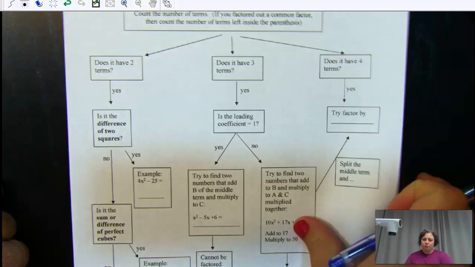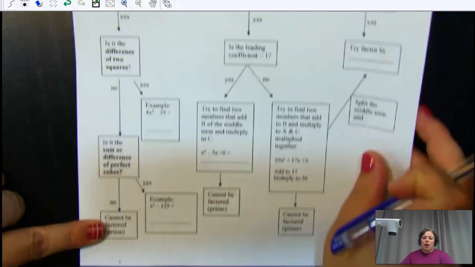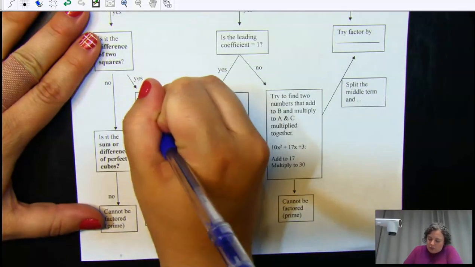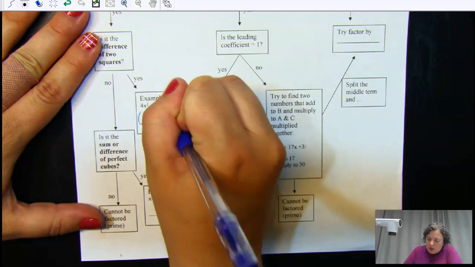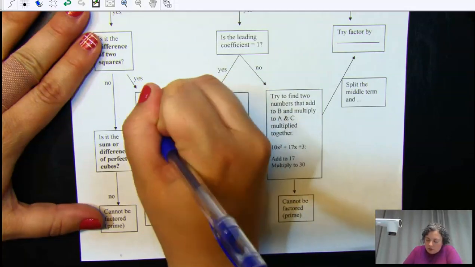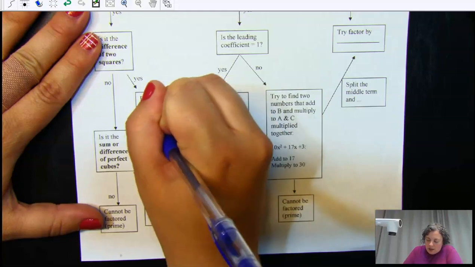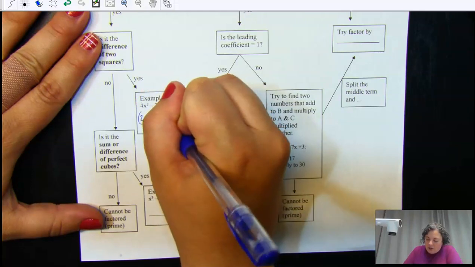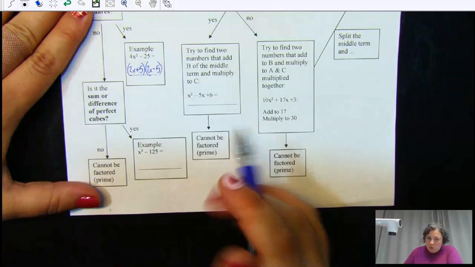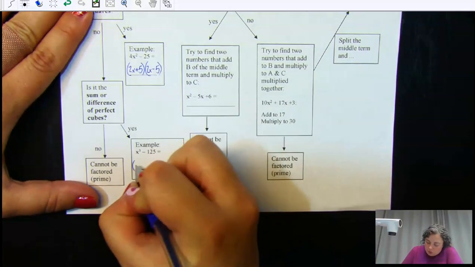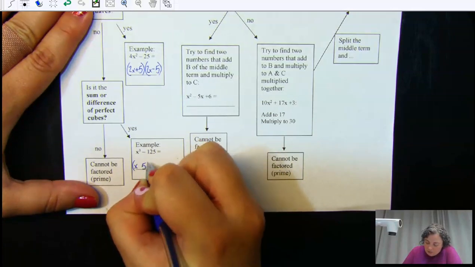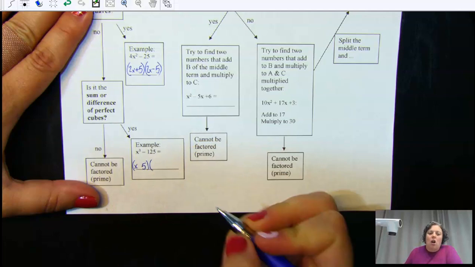So remember, difference of 2 squares, you're going to do 2 sets of parentheses, and we're going to have 2x, 2x, one's plus, one's minus, and then 5 and 5. And then for sum or difference of perfect cubes, you do the cube root of each part, so this cube root is 5, and then we can do our song.